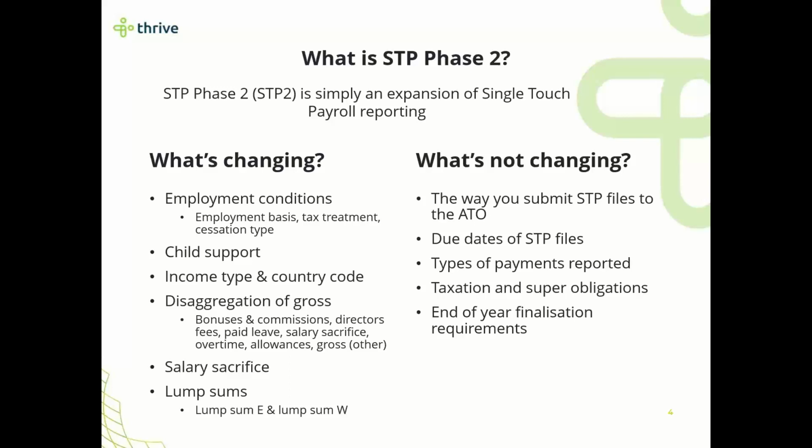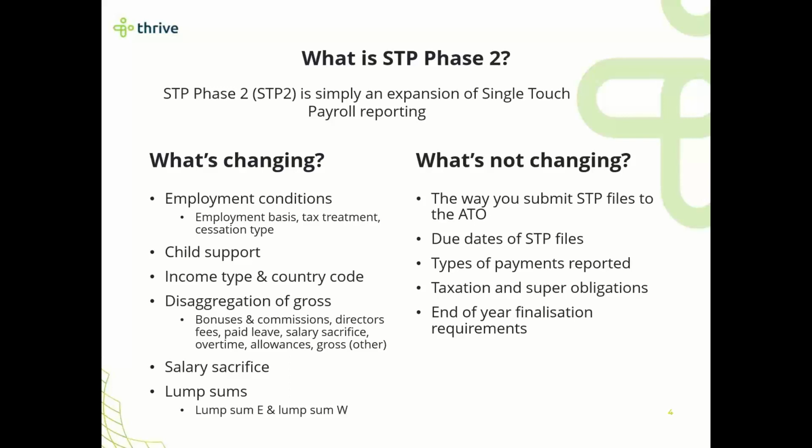There's tax treatment codes, just to give the ATO more information, and cessation types for when people are terminating. There's further reporting on child support and income types, and if applicable, country codes. So country codes affect working holiday makers and foreign employees.